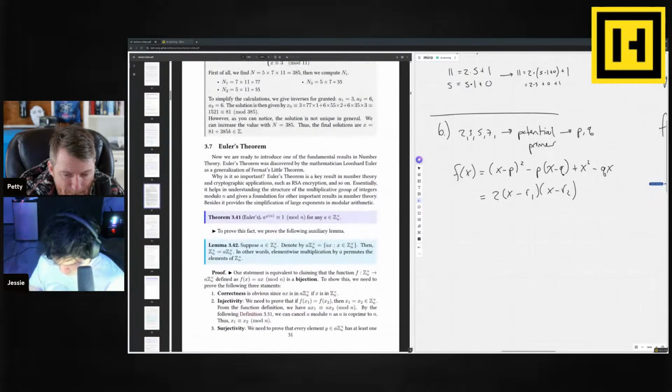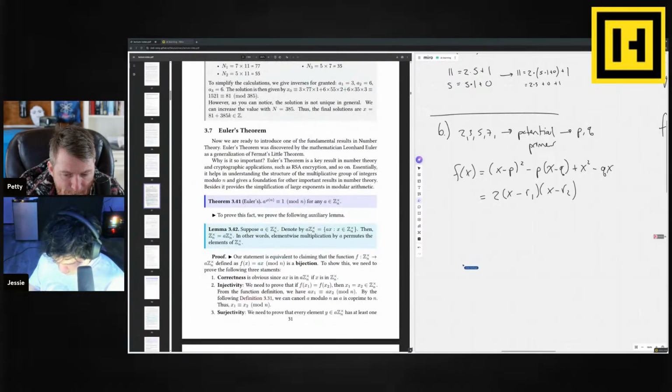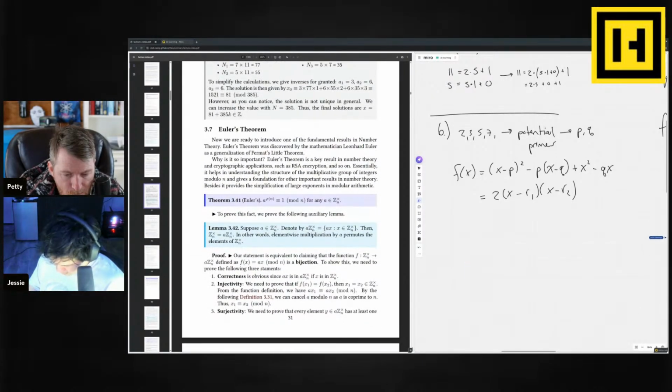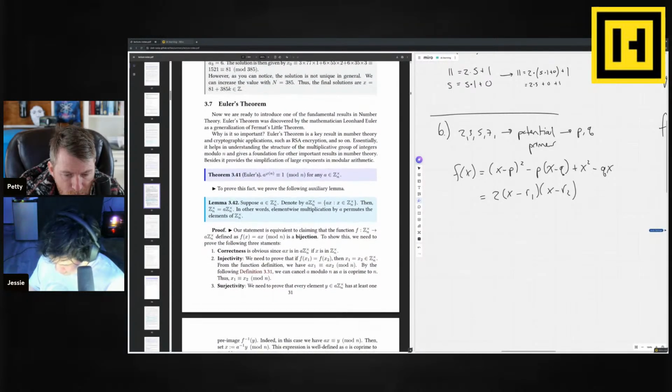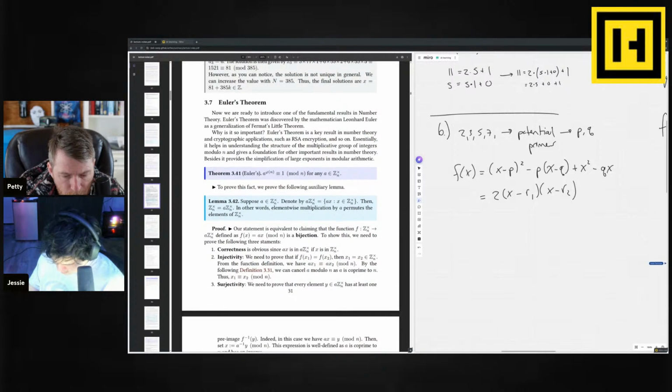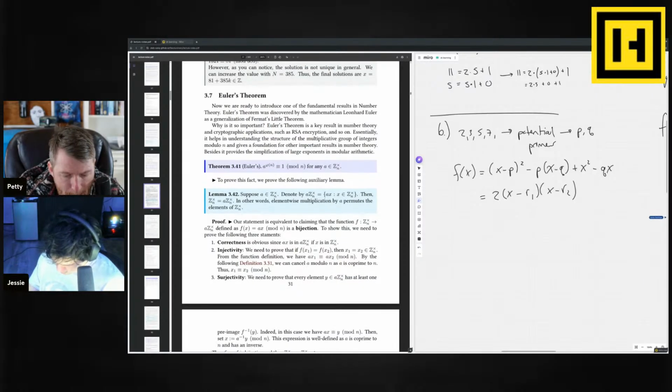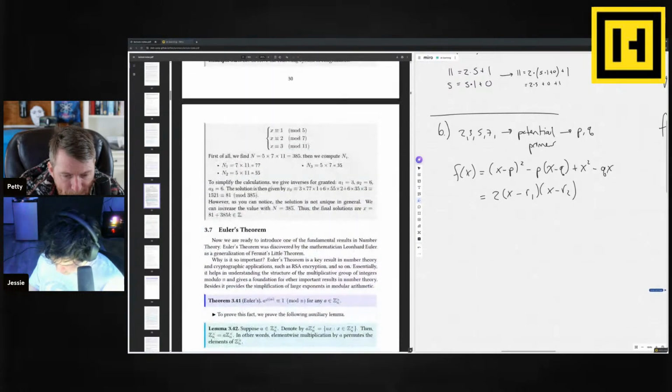Let's do it like this. And then just simplify it like this. And then further simplify it like this.